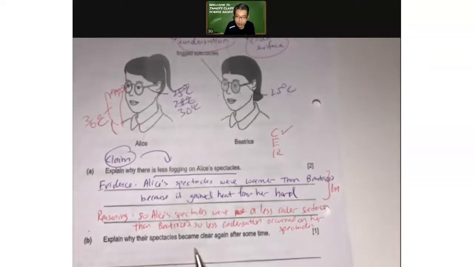So why did it become clear again sometimes? The fog are actually tiny water droplets. So it became clear because once they step into the environment, the water droplets on the spectacles start to gain heat from the environment and evaporate.